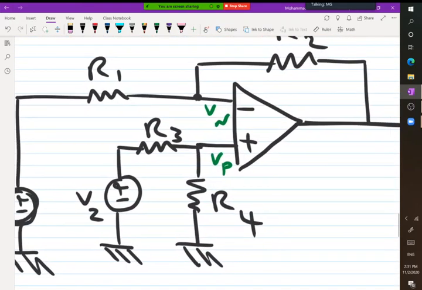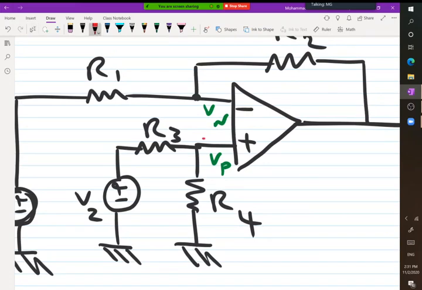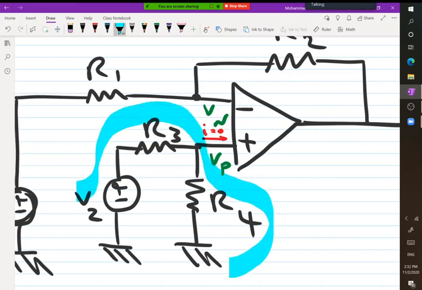The first thing we should know is that the current entering here is zero. Current entering to Vp is zero, okay? And if we look to the rest of the circuit, this part, this one is a voltage source and two resistors.